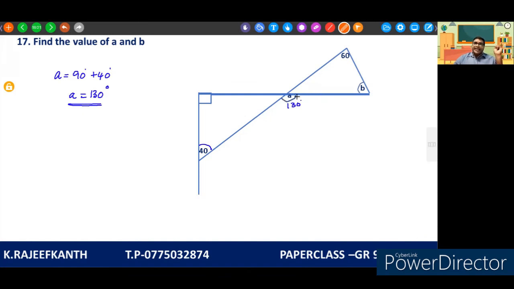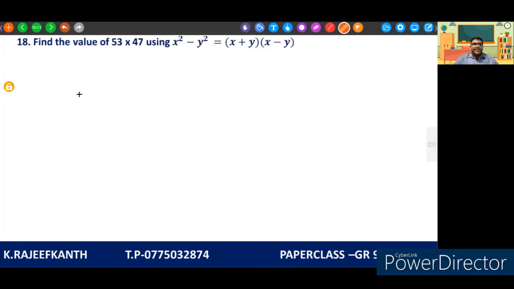Here exterior angle is equal to sum of interior opposite angles. Then we know that B plus 60 is equal to 130. Then B is equal to 130 minus 60, that is 70 degrees. Right? So we can find the value of A and B. Here A is equal to 130, then B is equal to 70 degrees.